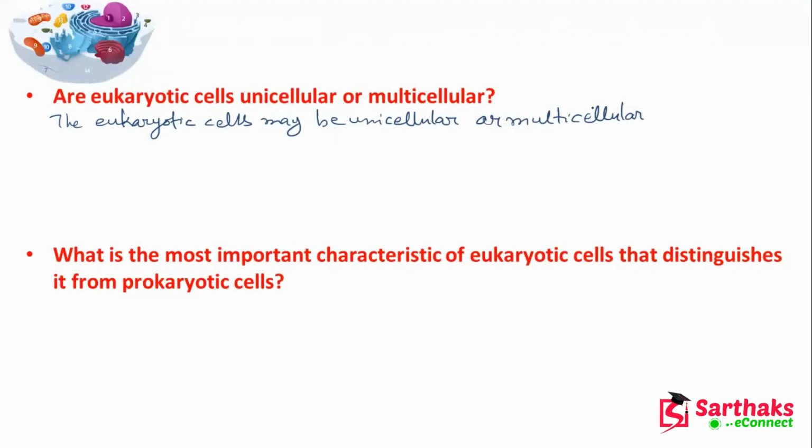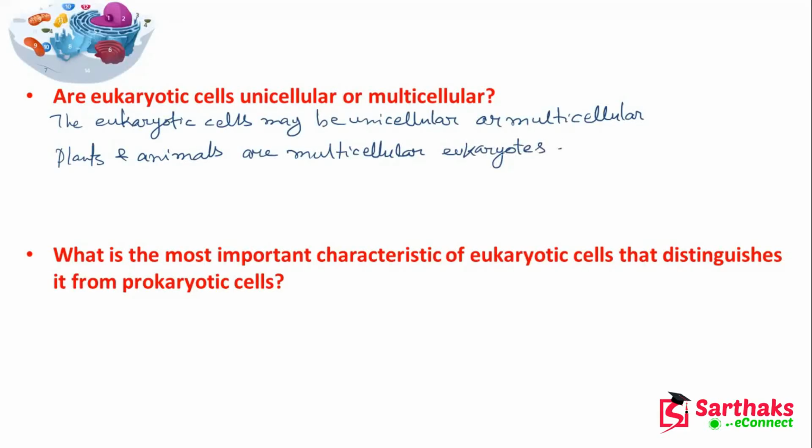You can give the examples also. Plants and animals are multicellular eukaryotes.